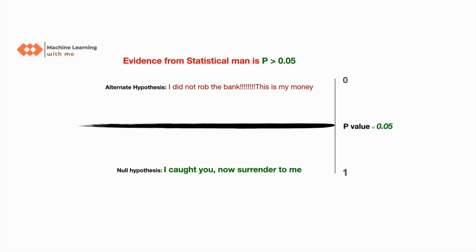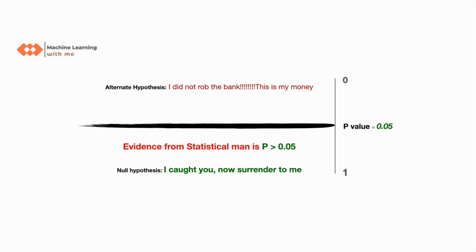So from the evidence we have, the p-value is 0.5, which is greater than 0.05. Now this falls towards the null hypothesis. So we don't have enough evidence to choose the alternative hypothesis. The evidence supports the null hypothesis, which is Superman's statement.